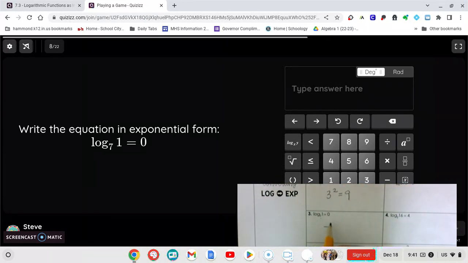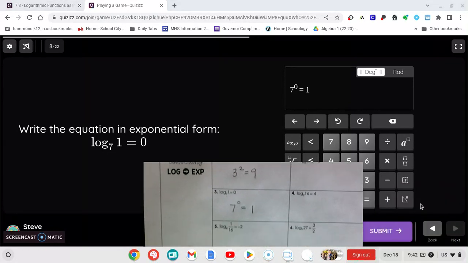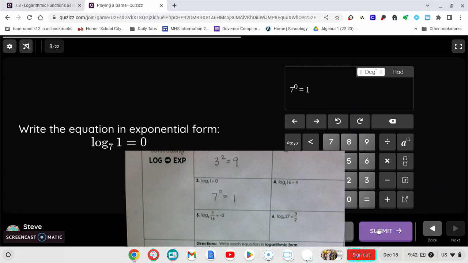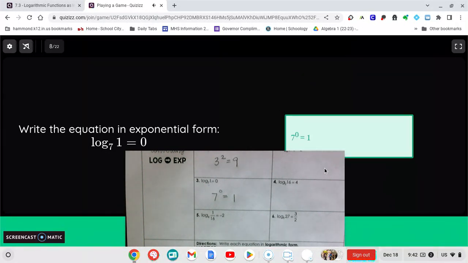So 7 to the 0 power is equal to 1. Remember, anything raised to the 0 power equals 1. So let's go ahead and type that in, and we find that that's correct.